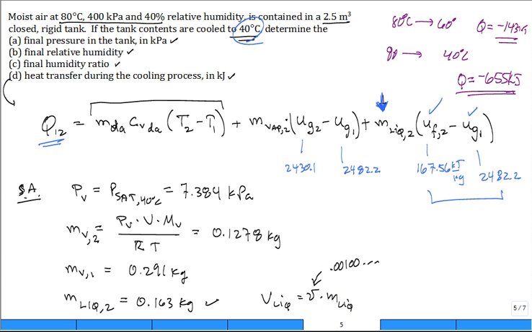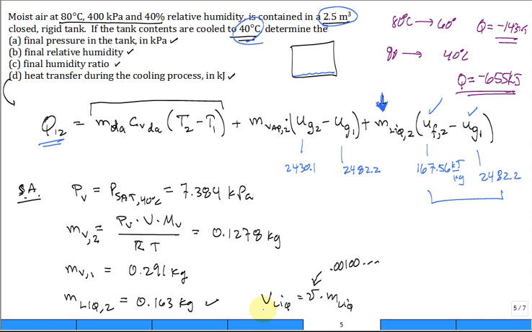So you don't even really need to make the correction for the tank, where I now have a little bit of liquid condensate on the bottom. The vapor doesn't really occupy a full 2.5 cubic meters. It occupies 2.5 minus the volume of the liquid. You'll just be chasing the sixth digit, okay? It won't be worth it.